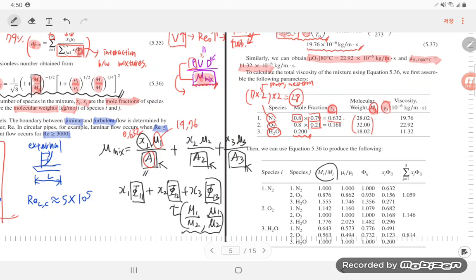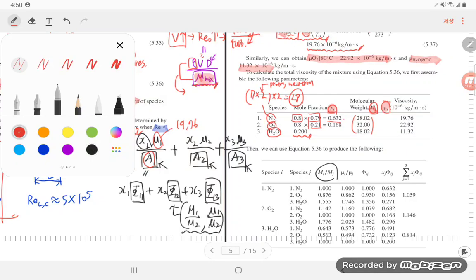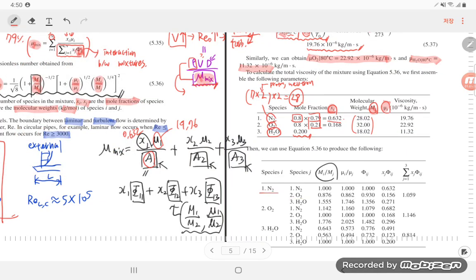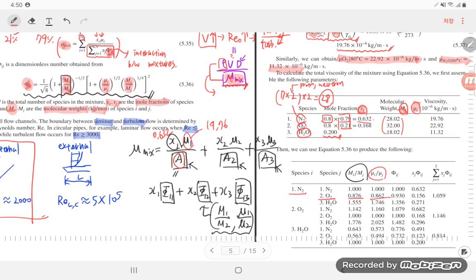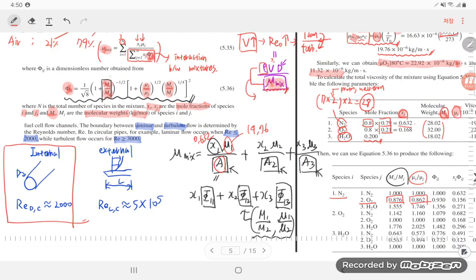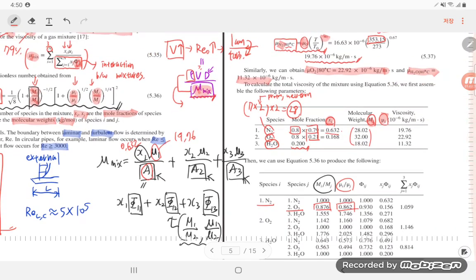In here, to get the pi 1 2, this one is M1 over M2, and this one is mu 1 over mu 2. And if you insert these two values, the M ratio and viscosity ratio, in here, then we can get the pi value, pi 1 2.